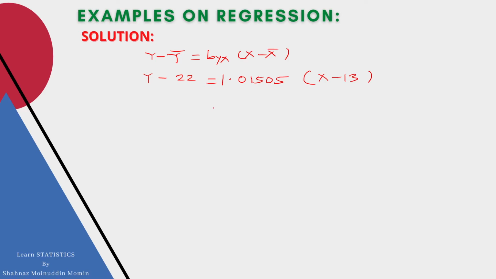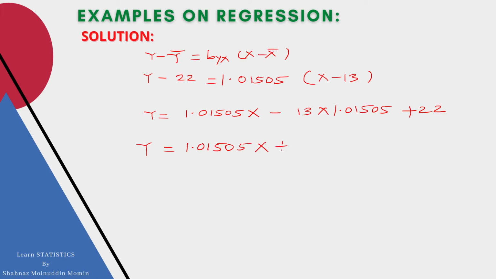After multiplying and adding this 22 on the right side, we get 1.01505 x minus 13 into 1.01505 plus 22, which is equal to y equal to 1.01505 x plus 8.80435.